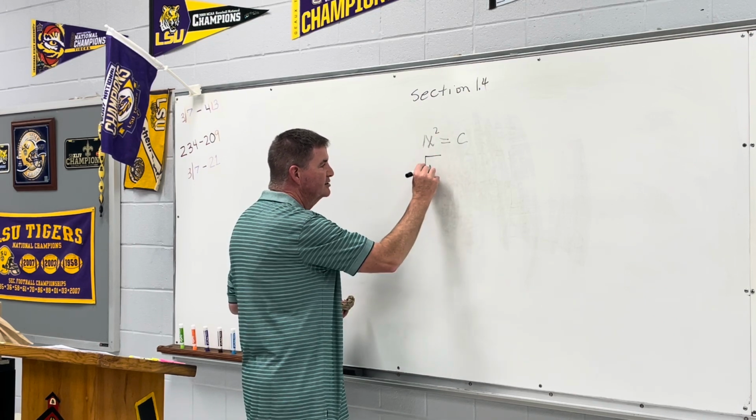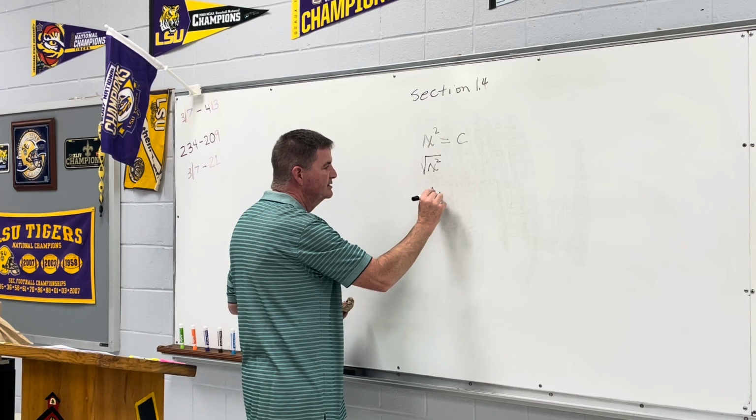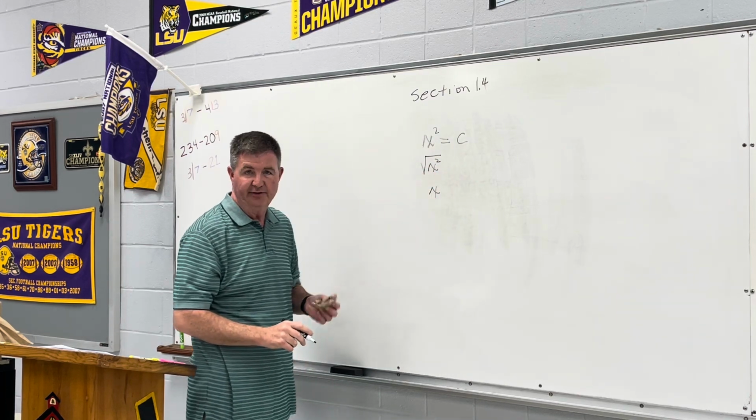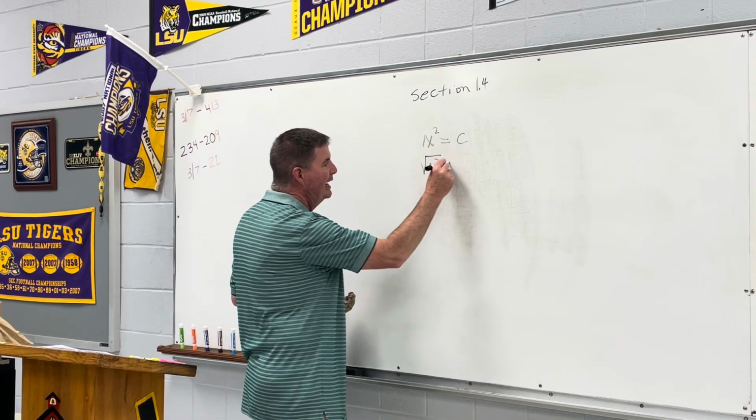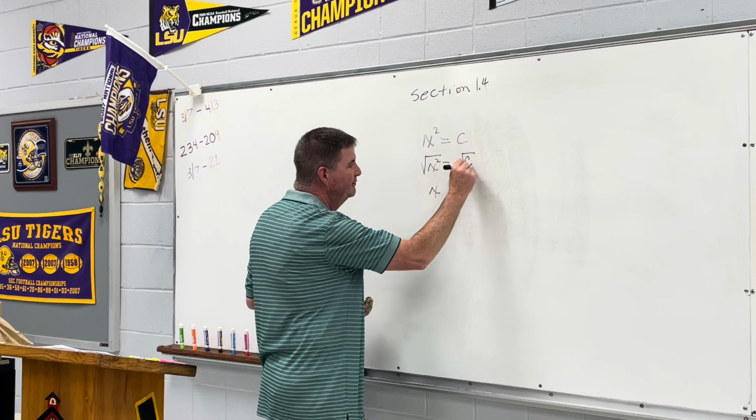The square root of x squared equals x. They undo each other. But if I take the square root of one side, I have to take the square root of the other side.